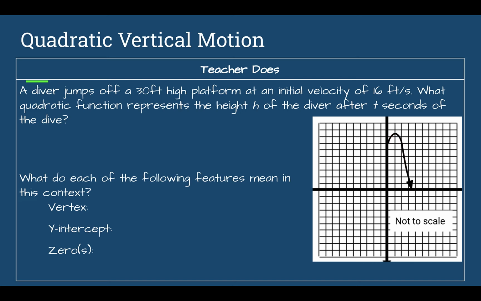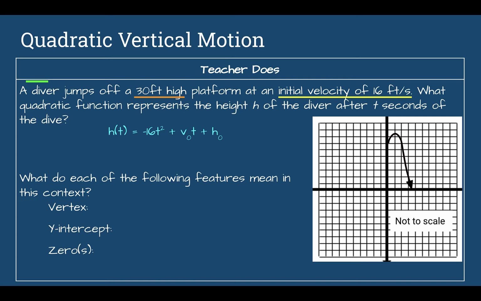First, we need to write our function for our vertical motion. We're going to use that equation and then figure out what the initial velocity and the initial height are. It tells us that they jumped from 30 feet at an initial velocity of 16. So we're going to plug those two in.